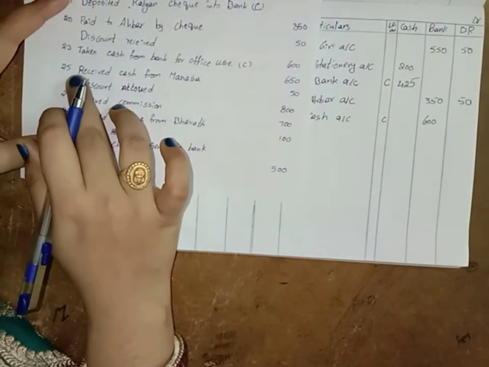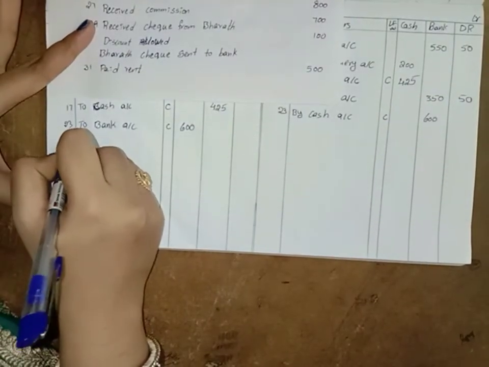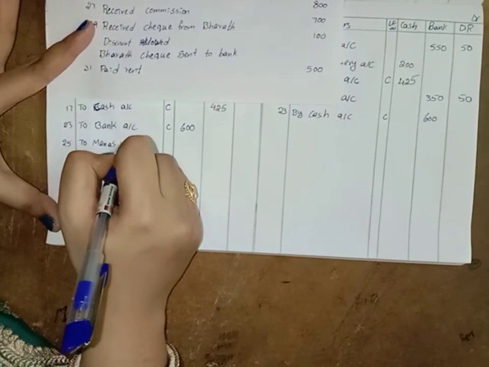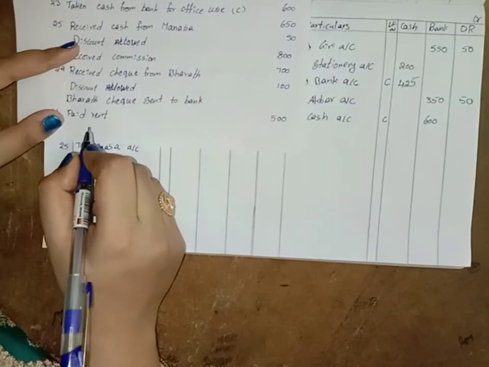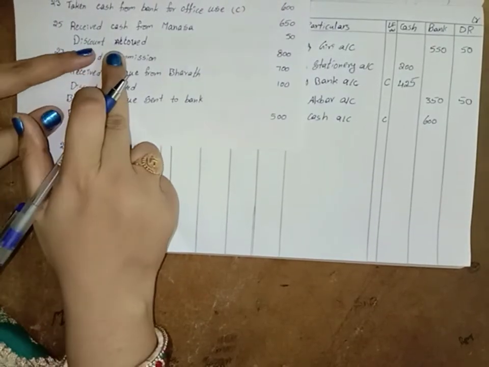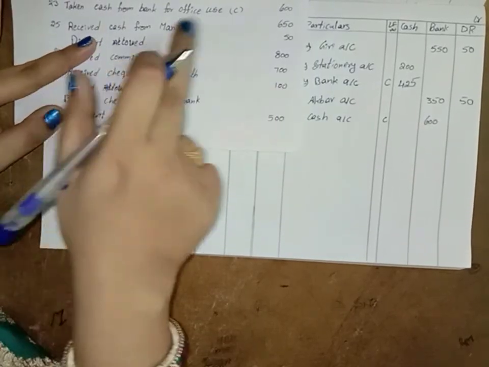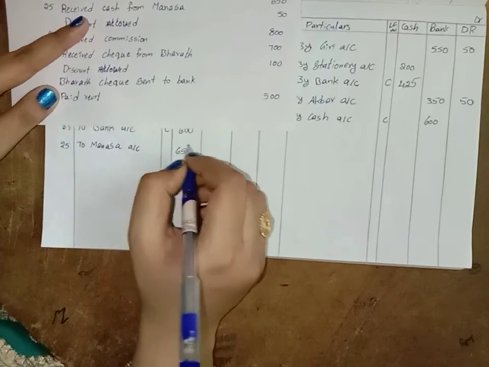And next, received cash from Manasa, discount allowed, on 25th to Manasa account. So up to the deposition we have received the check here. So up to the deposition it will be cash only.